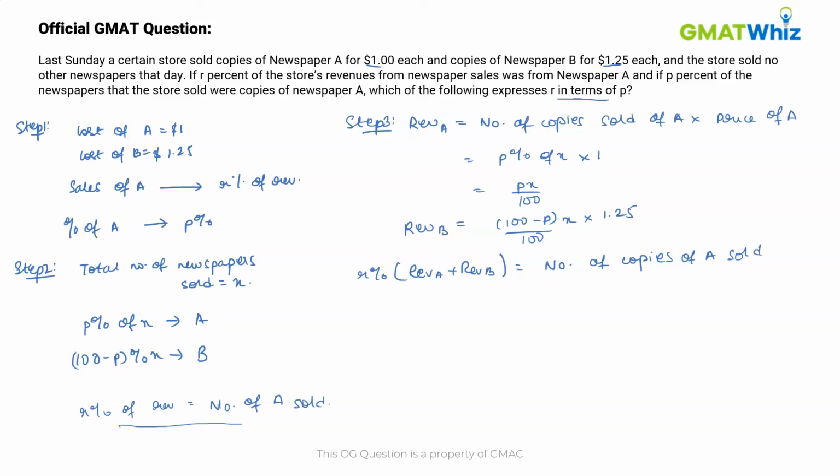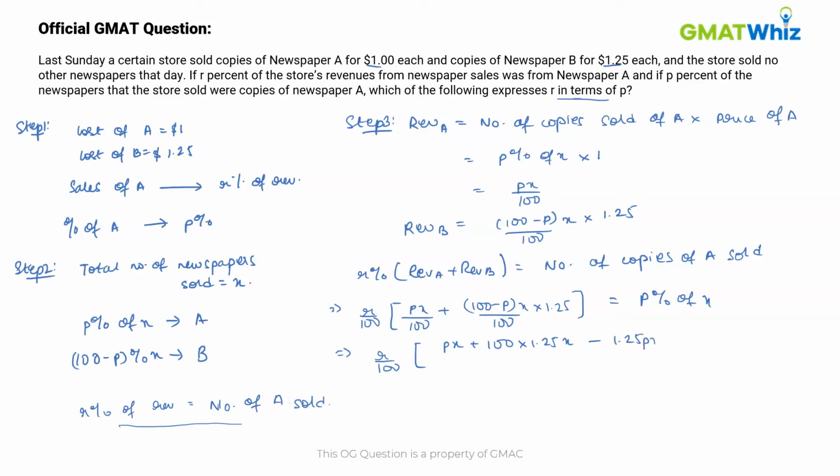Now, when we substitute the values of the revenue generated by A and by B, we have R by 100 times (PX by 100 plus (100 minus P) times X by 100 into 1.25) is equal to the number of copies, which is P% of X. This is equal to R by 100 times (Px plus 100 times 1.25 times X minus 1.25 times Px), and this whole is divided by 100, which gives us P by 100 times X.